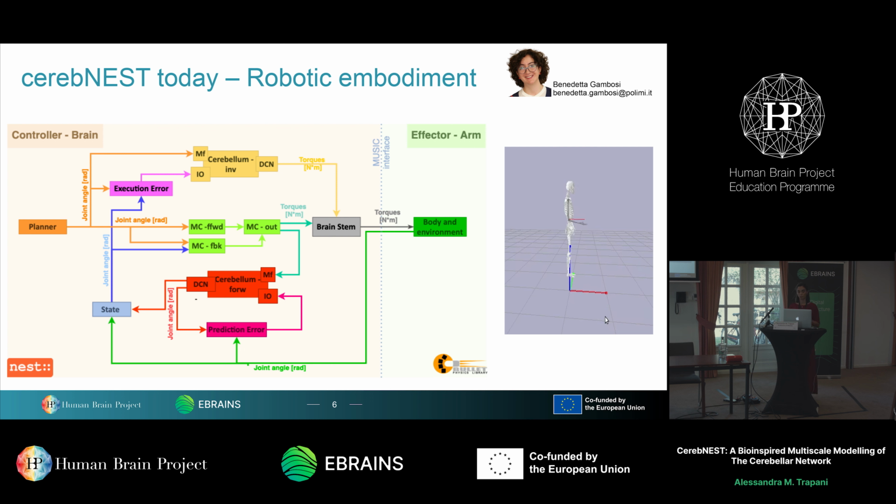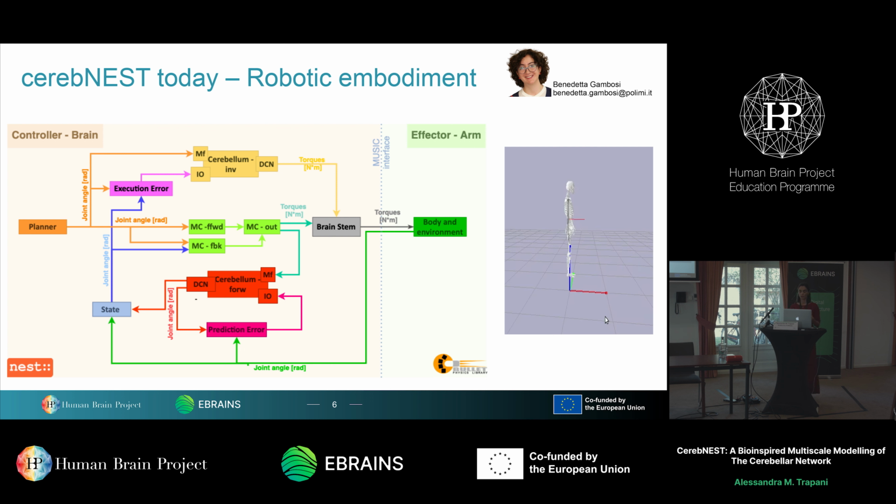The effector models the body, and at this stage, Benedetta is modeling the control of the elbow joint and its position and interaction with the environment. This part is implemented in Bullet, and it connects with the controller through a MUSIC interface.